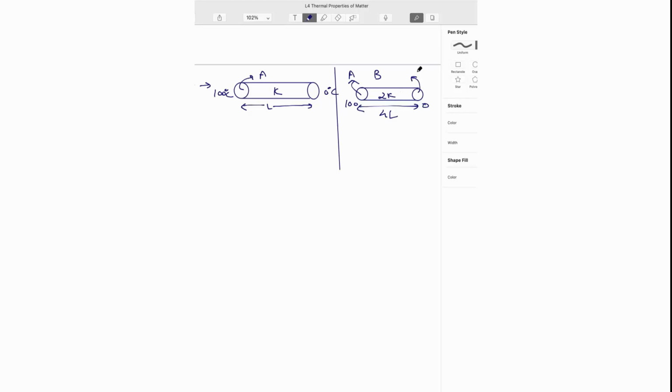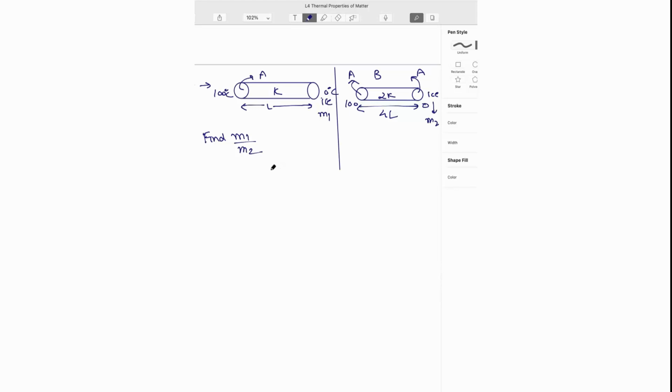However, the area of cross section is same, that is A. So we need to find out M1, and at 0 degree centigrade, it is touched with the ice of mass M1, and here ice at 0 degree centigrade of mass M2. Find M1 by M2. Okay.